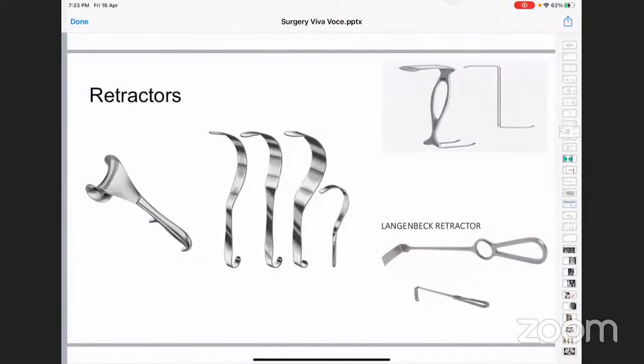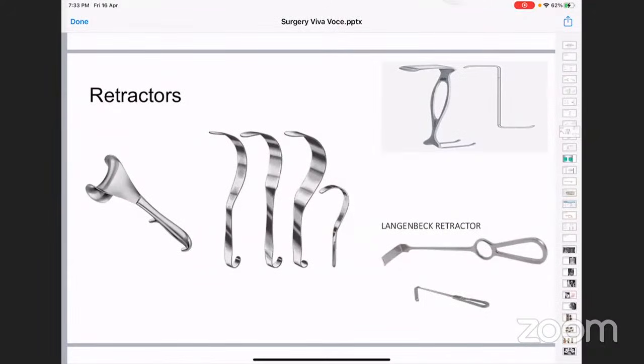And then we have something known as a Czerny retractor. Czerny, spelled CZERNY, Czerny's retractor. So it has a flat curved blade, and it also has two pointed sort of blades on the other end with a stalk connecting the two, and the stalk usually has a fenestration or a window, an oval window.